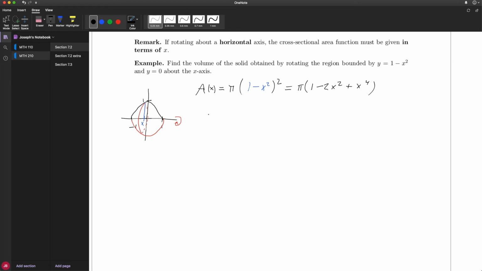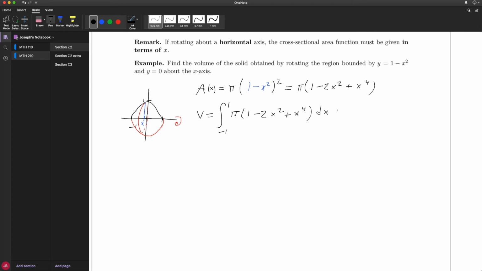All right. Well, now to find the volume of this solid, that's the integral from minus 1 to 1 of A of x dx, which I'm just going to save some imaginary ink here and instead just write what I know A of x to be. Okay, and now we got to integrate this.